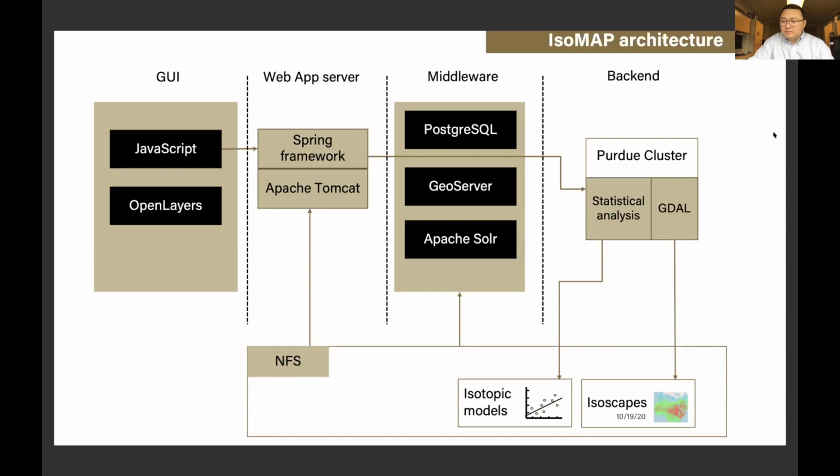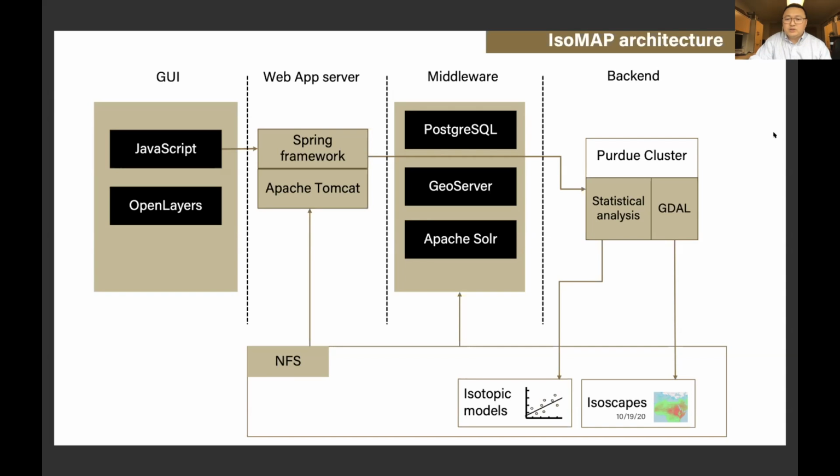Isoscapes are the result of the isotopic models. Sometimes isoscapes means the isotopic landscape or the prediction map. The model and prediction results are stored in the NFS file system. Those results are registered at the GeoServer so that users can look up and check whether their prediction map makes sense or not.